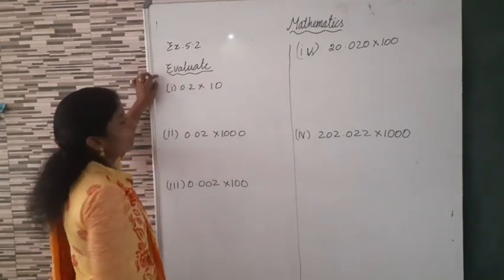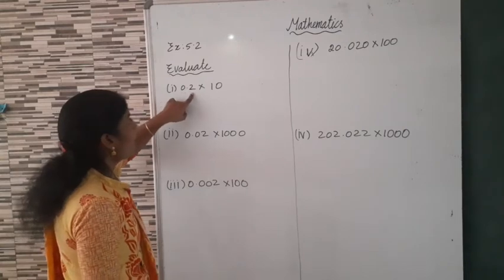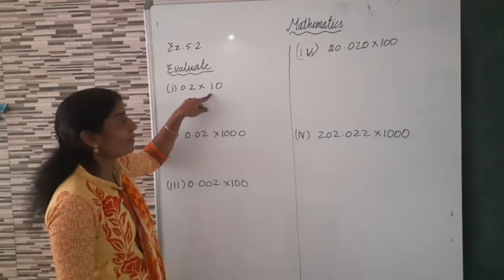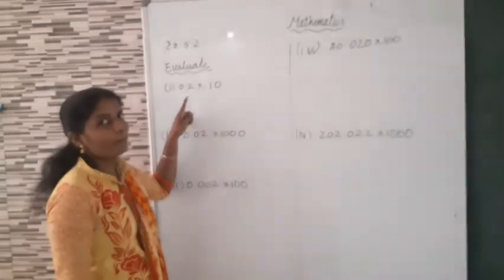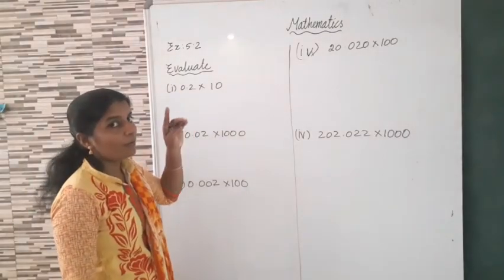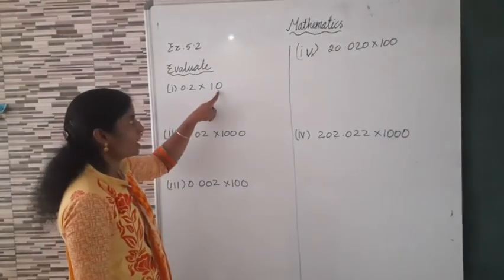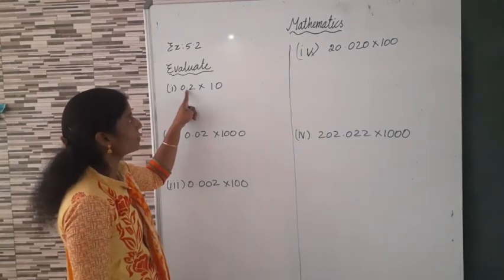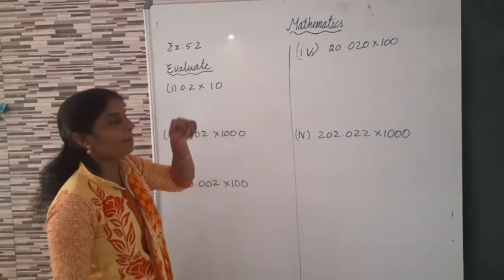Okay. Number 1, 0.2 into 10. Multiply by 10 means the decimal point shifts to the right by how many places? Only 1 place, because here 10 has 1 zero. So this decimal point shifts to the right by 1 place.